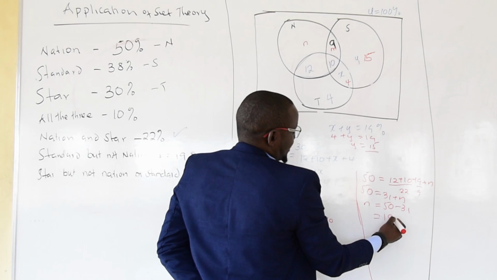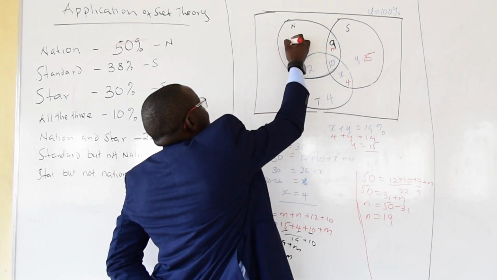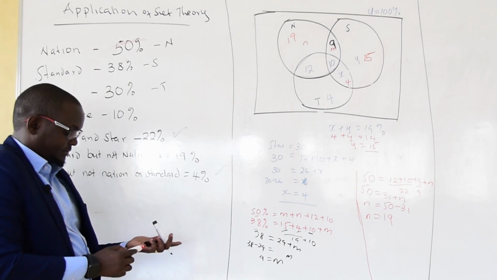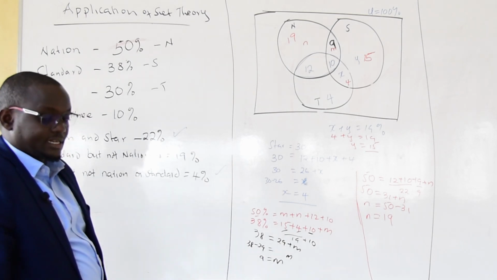Your N is actually 19. So this area is 19.